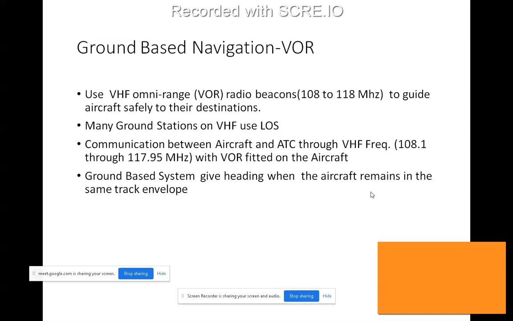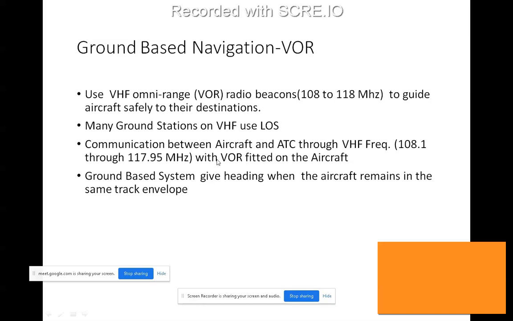Many ground stations on VHF use LOS. What is LOS? Line of sight, the direction of the aircraft. By using the very high frequency signal, you can guide the aircraft system.